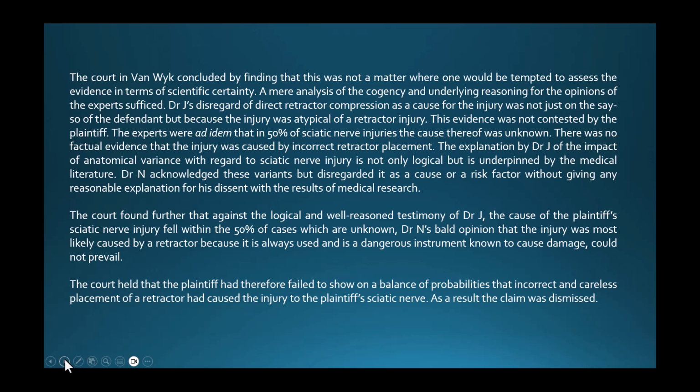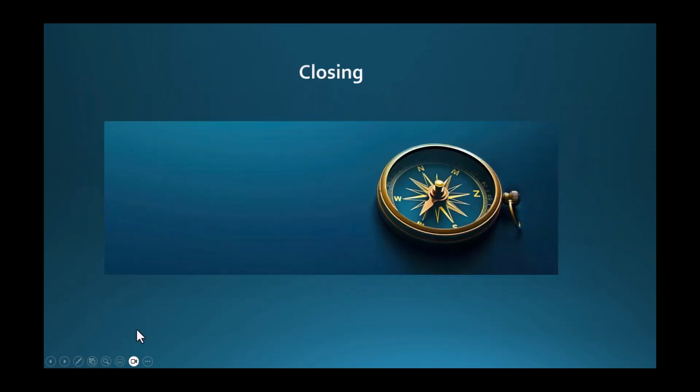Simply because a retractor is always used, simply because it's potentially dangerous, does not mean that you've proven causation. You have to show that it was the most likely cause. And the court therefore held that the plaintiff had failed to show on a balance of probabilities that incorrect and careless placement of a retractor had caused the injury to the plaintiff's sciatic nerve. As a result, the claim was dismissed.